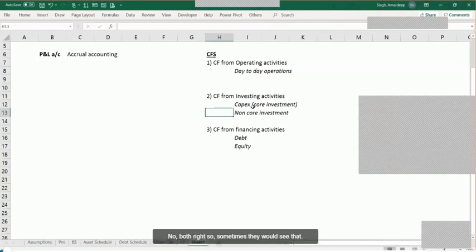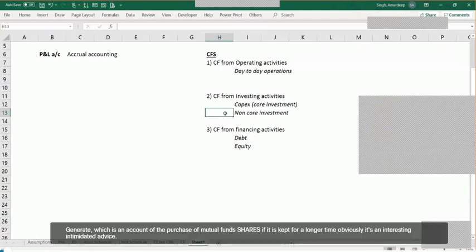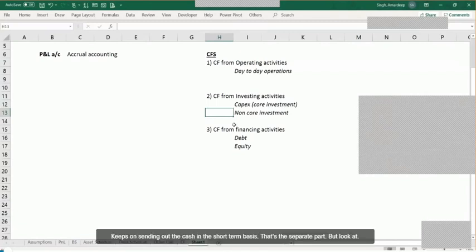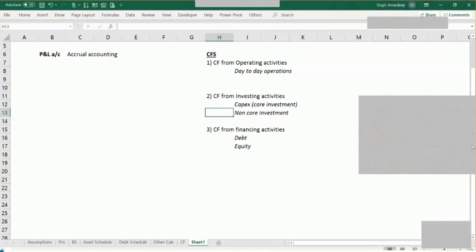Sometimes you would see that there is this extra income that we generate on account of the purchase of mutual funds, purchase of shares. If it is kept for a longer term, obviously it's an investing activity. Otherwise, sometimes the treasury department keeps churning out the cash on a short term basis. That's a separate part. But look at non-core investment as something being done for a long term basis.